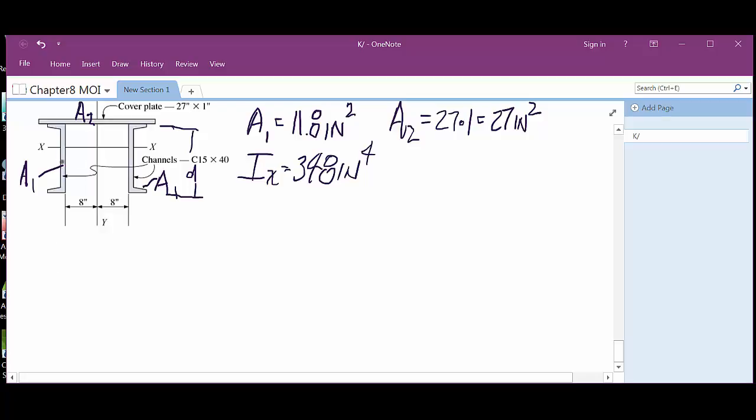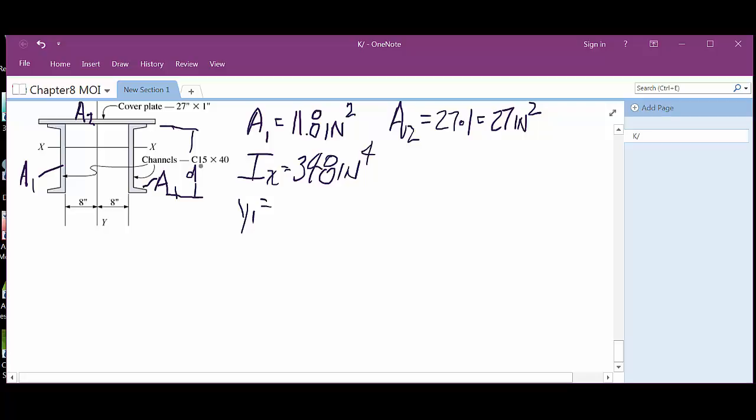Y bar for 1, and Y for 1. What's that going to be? Well, we said this D value was 12, 15. That's where the 15 comes from. The C15 stands for the length of this piece, and I believe the 40 is 40 pounds per foot.